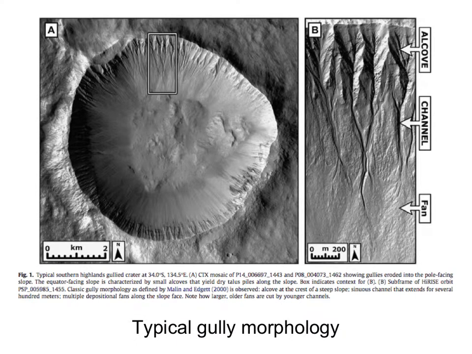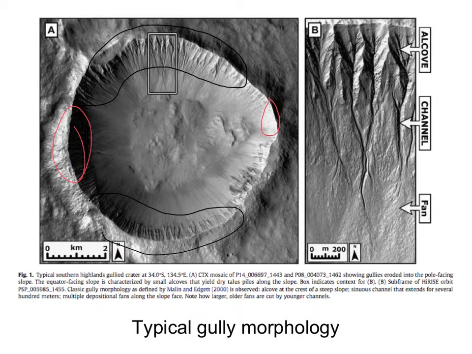Yeah, this is just another figure showing typical morphology. See, fairly well-defined gullies along this edge here. Maybe in here, it's hard to tell with the shadowing what's going on over here. There's other areas where the gullies don't seem to be as prominent. But again, this alcove channel and fan kind of morphology.